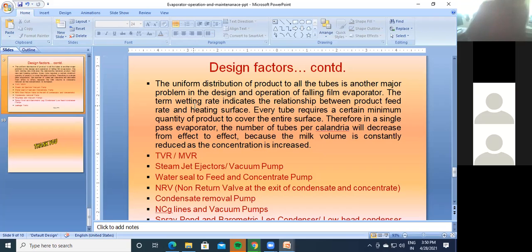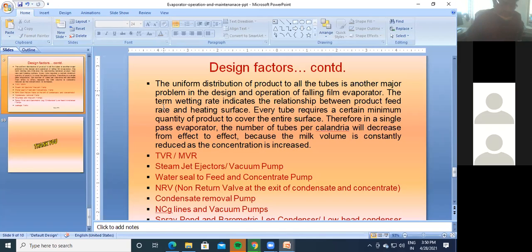In one calandria, the area is high and you have one pass, so the amount of milk available will be lower and the wetting rate will be smaller. To increase the wetting rate, you will have to have more number of passes in the evaporator calandria.